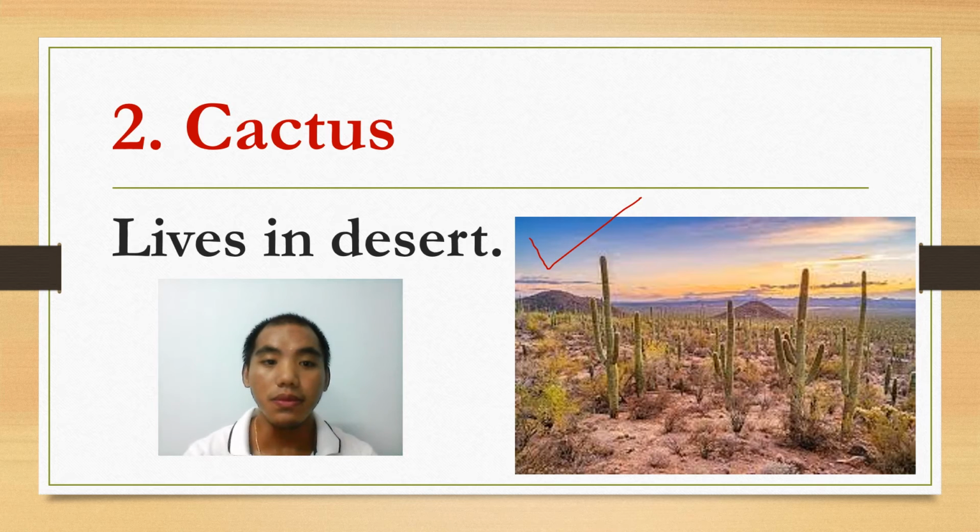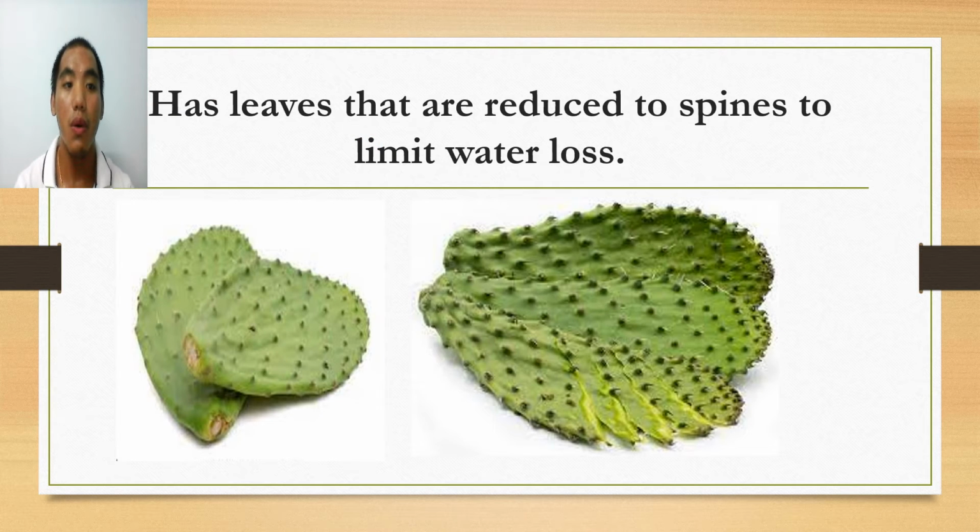This is one feature of a cactus. It has leaves that are reduced to spines to limit water loss. Spines, S-P-I-N-E-S, are these ones. Those are what we call spines.